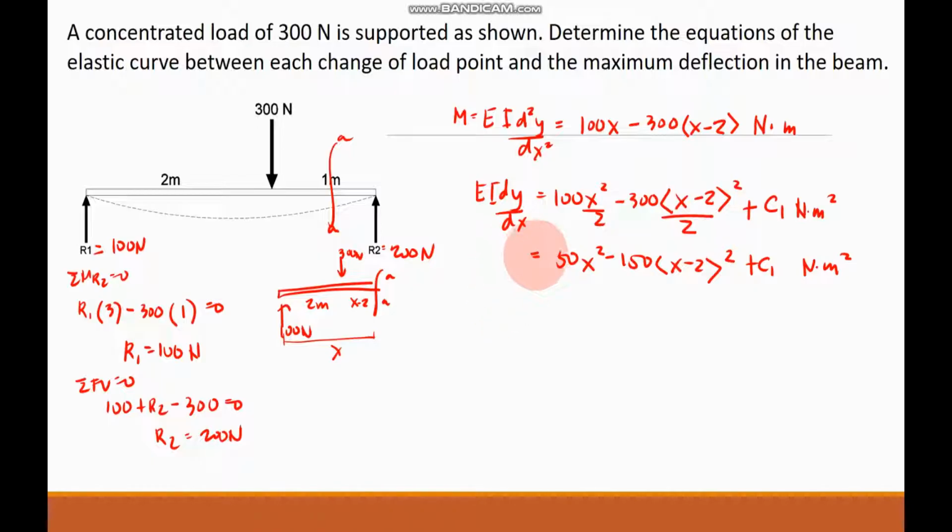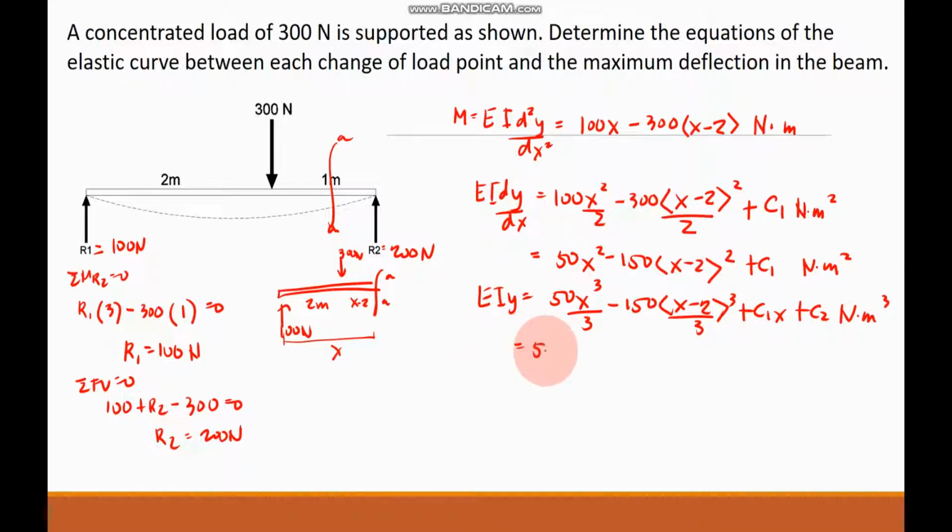And then, integrating this equation again, we get the deflection equation. So we have EI y is equal to 50 x raised to 3 over 3 minus 150 (x minus 2) raised to 3 over 3 plus C1 x plus C2 Newton meter cubed.